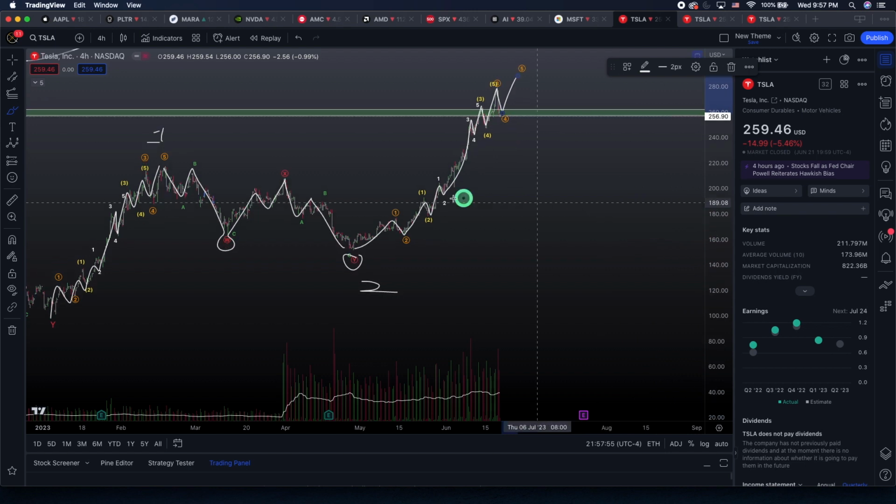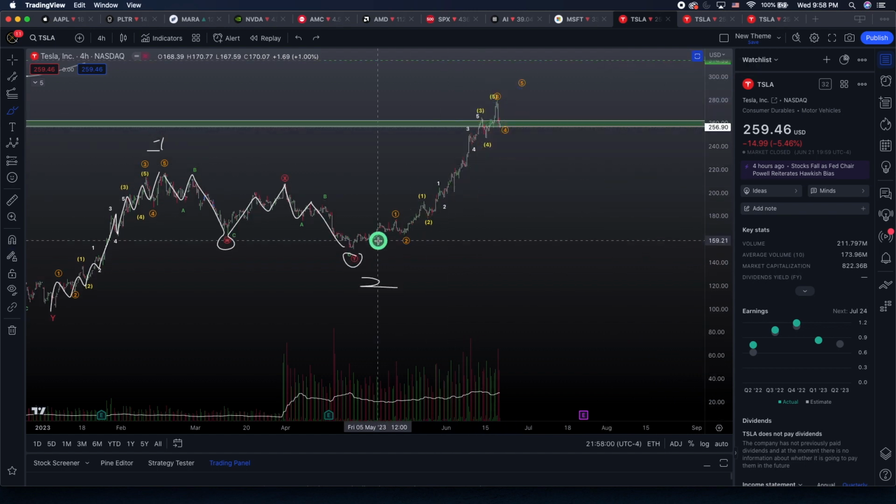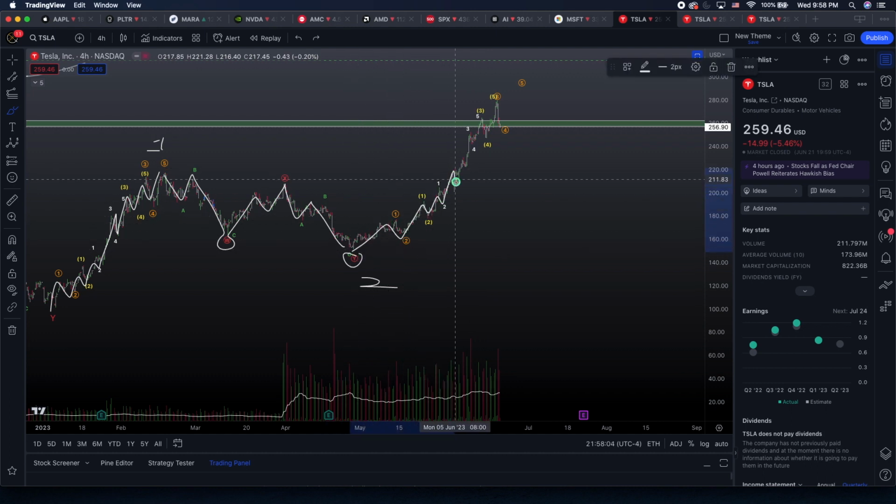Like I said, it's possible that there's another 1, 2 in here, so maybe this is 1, 2, 1, 2, 1, 2, 1, 2, 1, 2, 3, 4, 5, and then it would just elongate this pattern a little bit more.